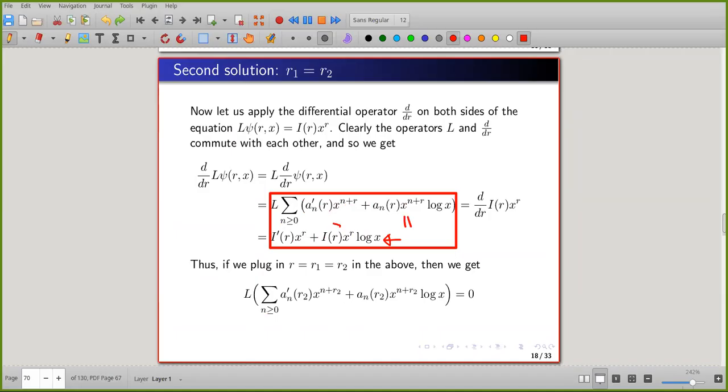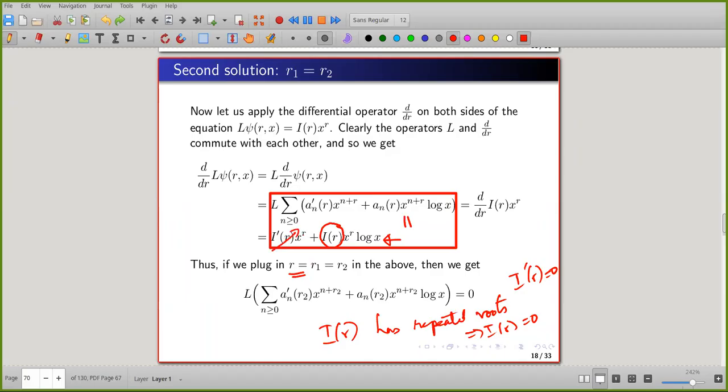Now r equal to r1 is a repeated root of I of r. That was our assumption, that I of r has repeated roots. So this implies that I of r is 0 and I dash r is also 0. So when we plug in r equal to r1, both these terms vanish.